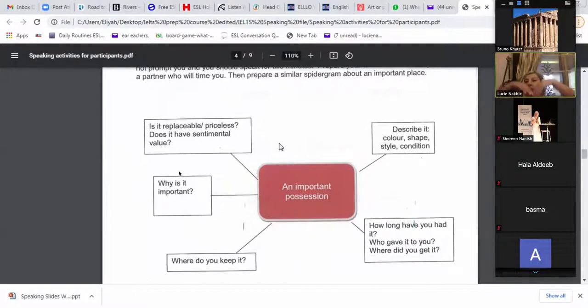Yes, but I'm giving a hypothesis, okay? So you don't know the word possession. But you have to speak about it. What do you do in this case, Bruno? You never came across this word in your life. You don't know what it is, and then panic strikes. What should I do? You said that we can ask the examiner for clarification.